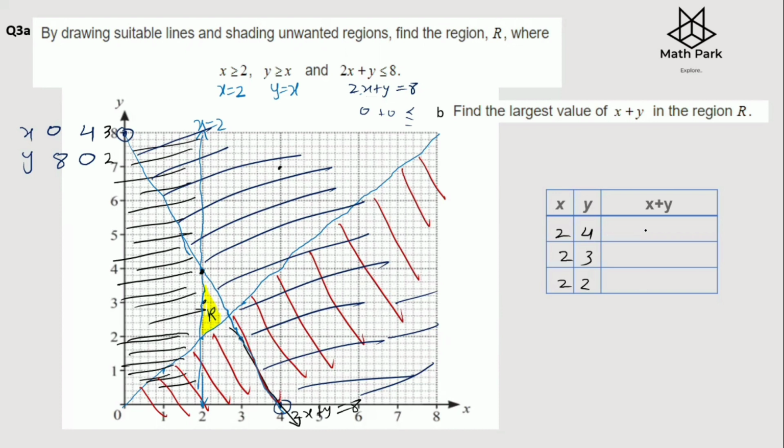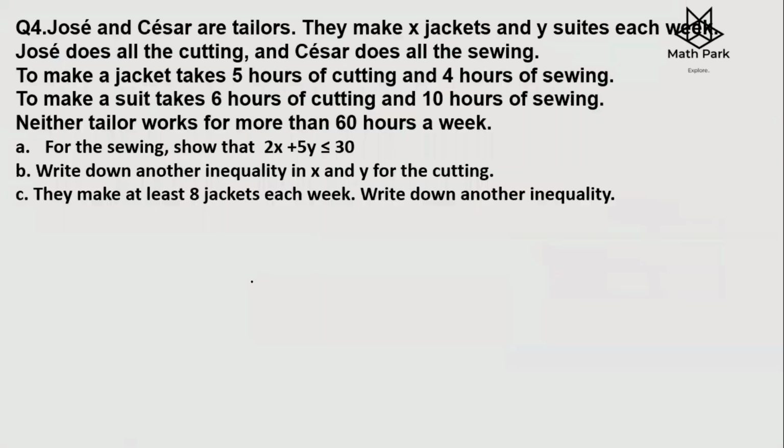So 2 plus 4 is 6, 2 plus 3 is 5 and 2 plus 2 is 4. So the largest value of x plus y in the region R is 6, at the coordinate (2, 4). This is the largest value for x plus y in the region represented by all the three inequalities.